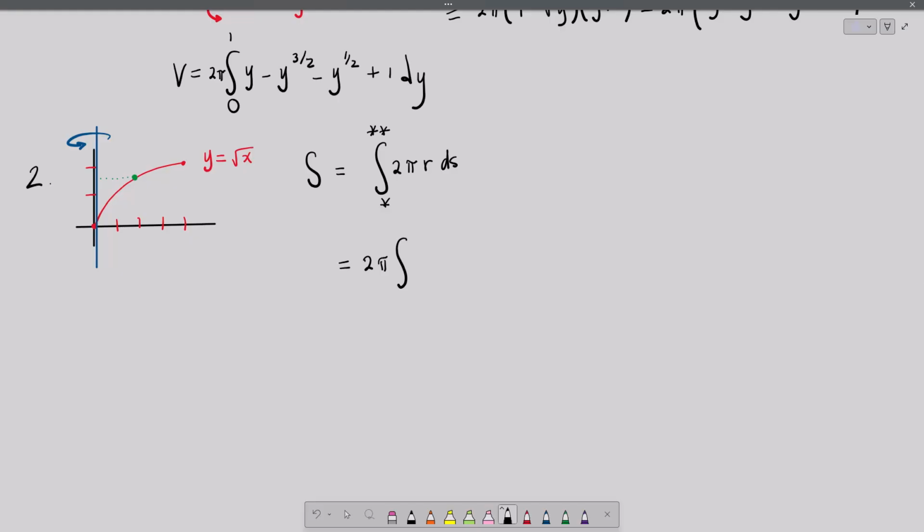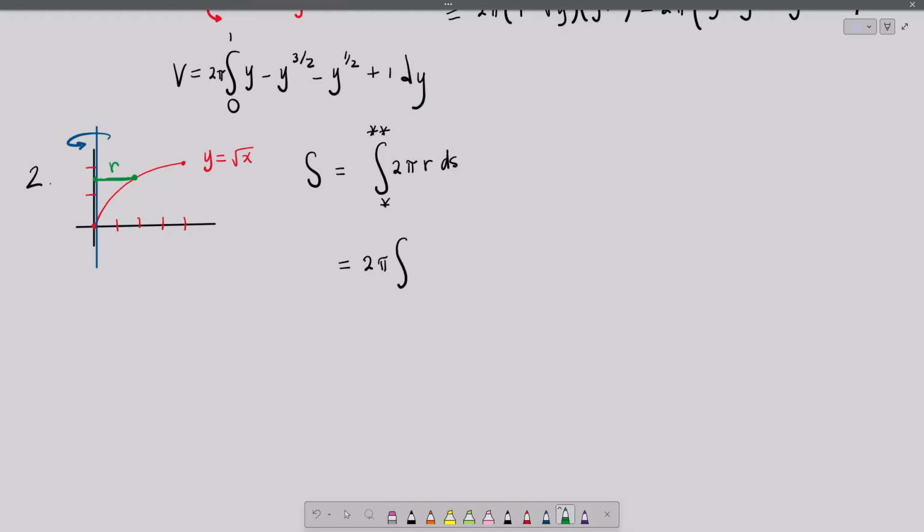And if we look at r right there, that r is a horizontal distance. What is that r value? An x value, yeah, x. So if we look at the curve, we want to isolate the x value. It's a horizontal distance, so horizontal means right x minus left x.